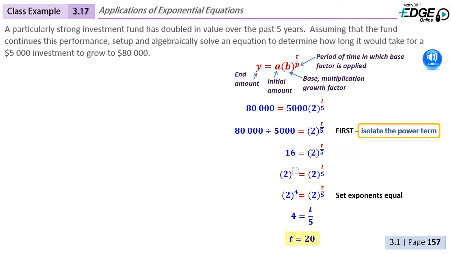Once we have isolated our power term by dividing both sides by 5,000, we recognize that 16 and 2 can both be written with a common base of 2. We write 16 as 2 to the 4, and then say because the two powers are equivalent and have the same base, that the exponents must be equivalent. So 4 must be equal to t over 5. Multiplying both sides by 5, we find our answer to be 20.